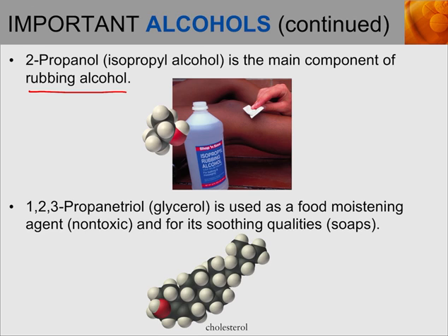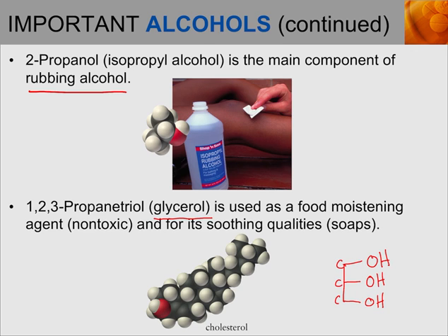The next one is glycerol. So this might sound pretty familiar. The IUPAC name is 1,2,3-propane triol. So you have 3 carbons and each one is connected to an alcohol.